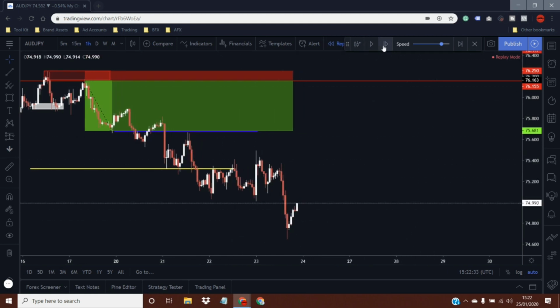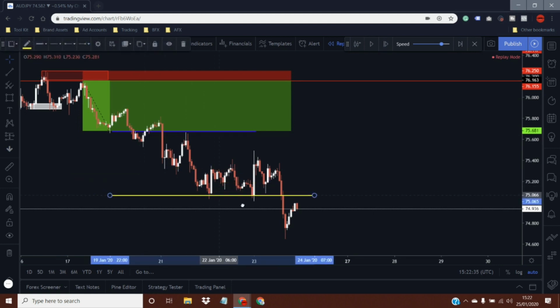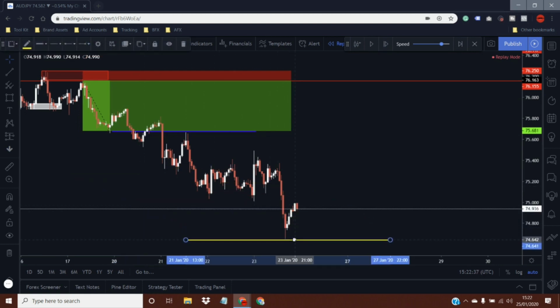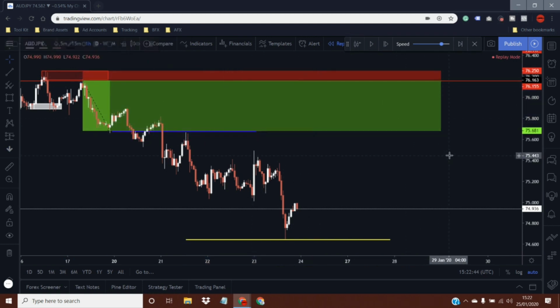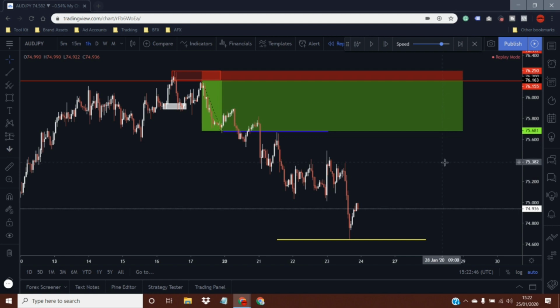Okay. All right, we've got another pullback now. Let's move this here. So now what am I thinking? This area is still available, right? It's still free.